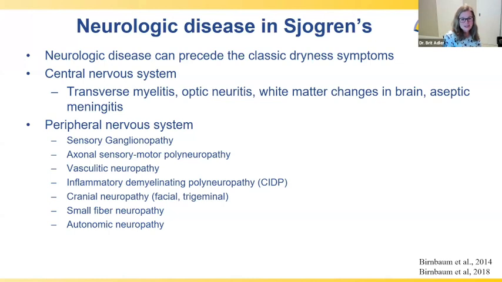Some patients can get a sensory ganglionopathy. There's axonal sensory motor polyneuropathy, and vasculitic neuropathy, where there's inflammation of the blood vessel that leads to nerve damage. We see demyelinating disease, cranial neuropathies causing facial nerve issues and trigeminal nerve issues. And then we also see small fiber neuropathies and autonomic neuropathies.